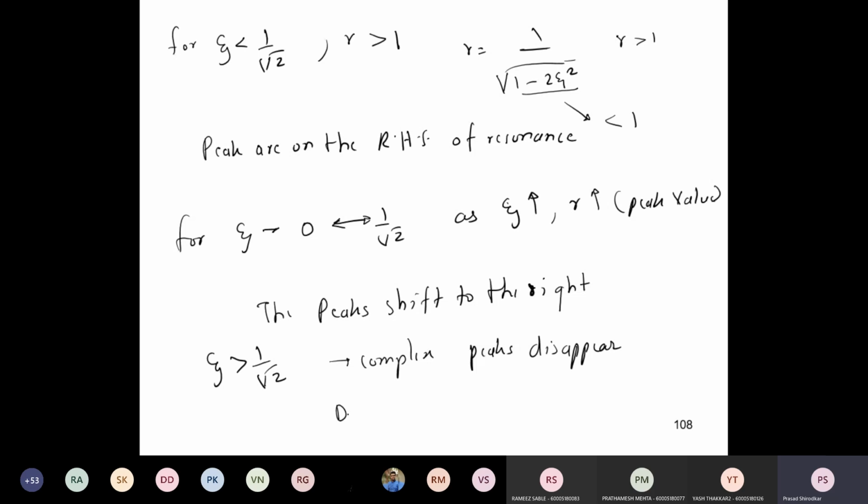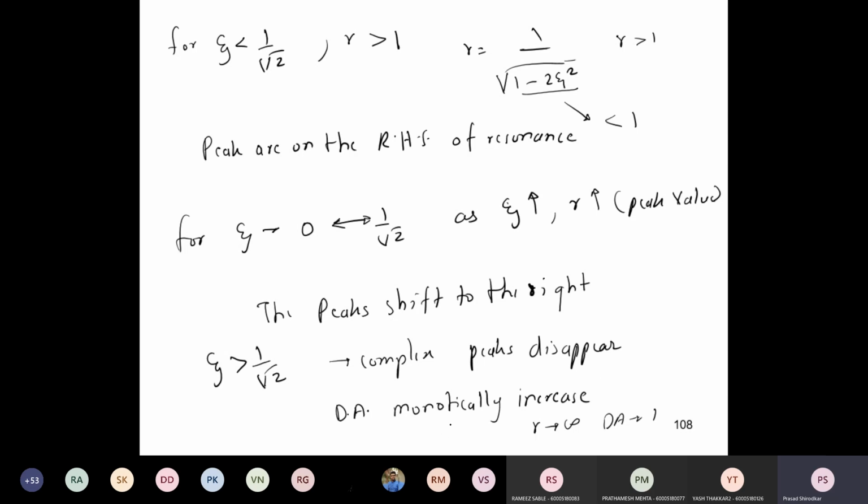In this case, the dimensionless amplitude curve monotonically increases. As R tends to infinity, dA will tend to 1, so the dA equal to 1 line will become an asymptote to this curve.